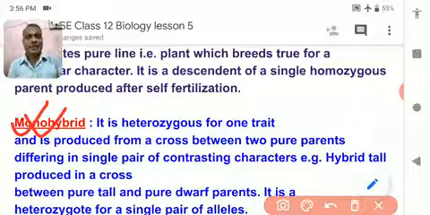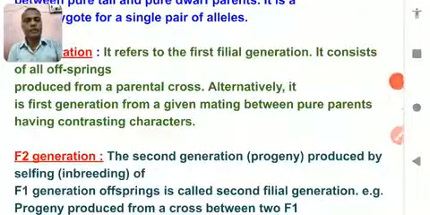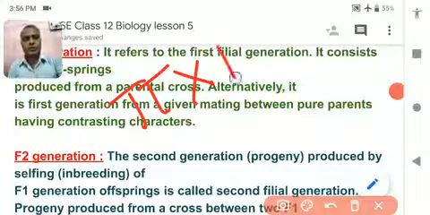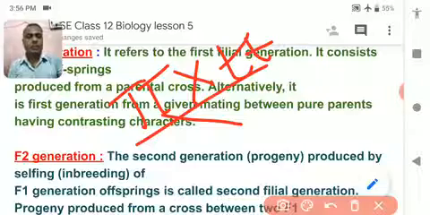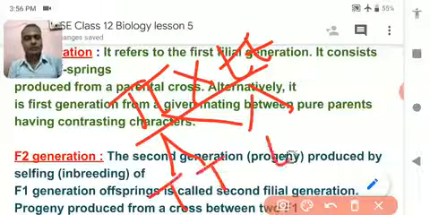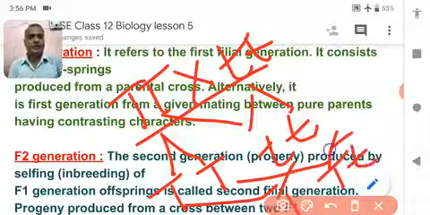Next, what is the F1 generation? When a cross is made between two organisms of the same species with two different, opposite traits, the offspring produced in the first generation are called the F1 generation. Understood? The first generation is called the F1 generation.